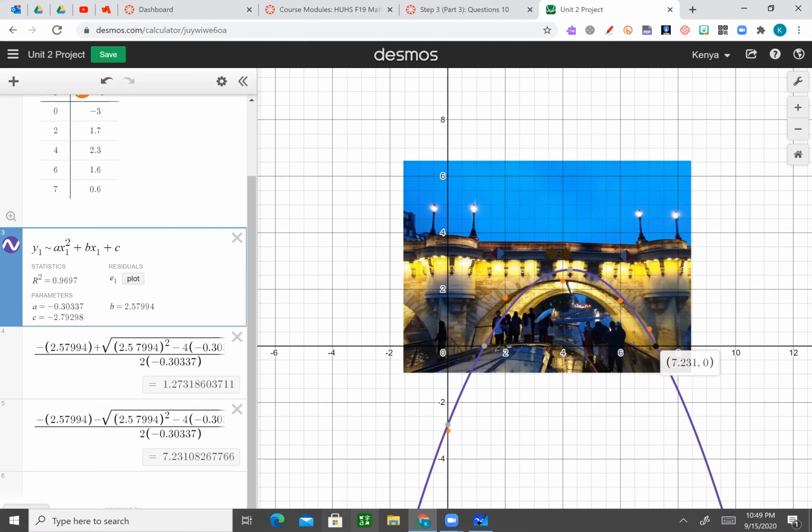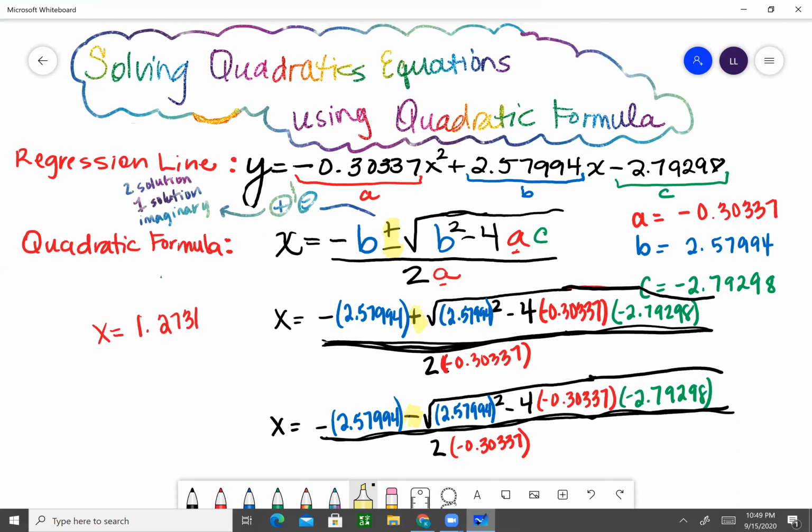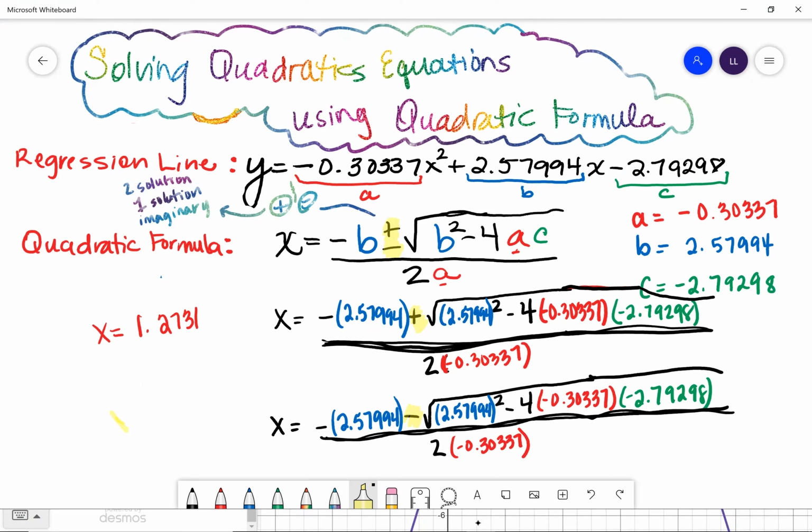Go back to where your workspace is, and let's write that answer down. X is equal to 7.231. And that's how we find our solutions. So this is a zero, right? To write it as a point, remember we put the parenthesis here.